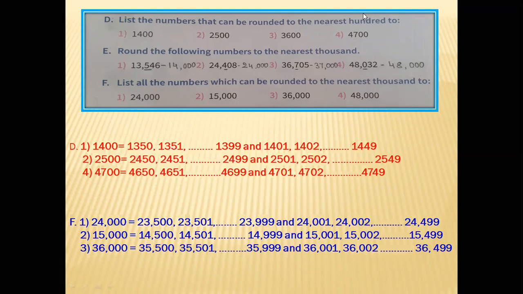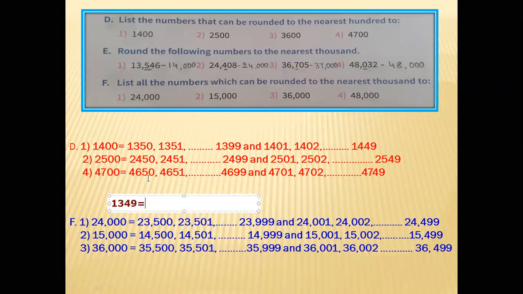If it is 1349, this number rounded to the nearest 100, which place do we have to see? The tens place. See here, in the tens place 4 is there. It is less than 5. So this equals 1300.